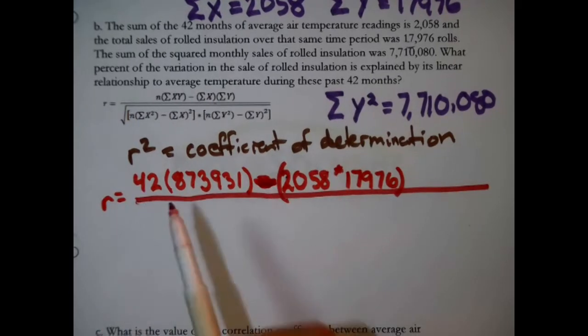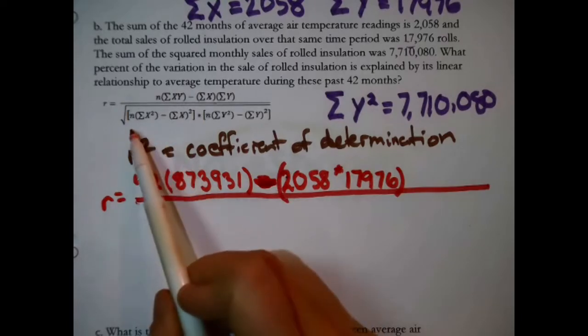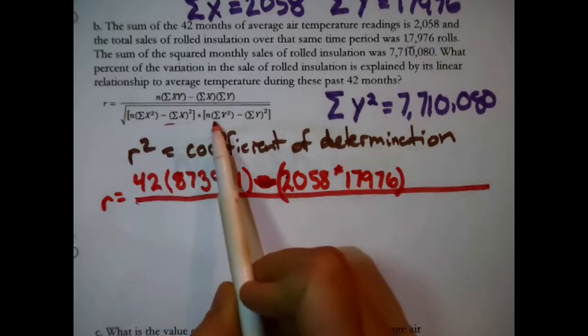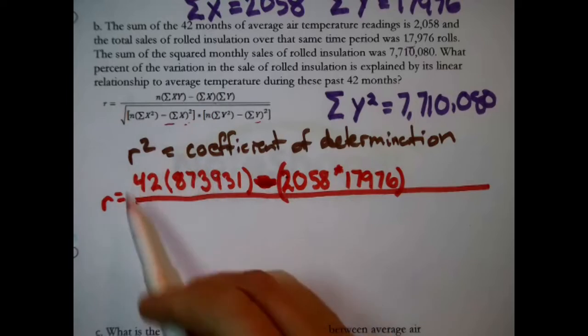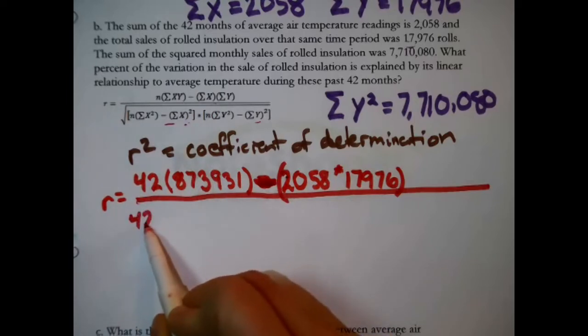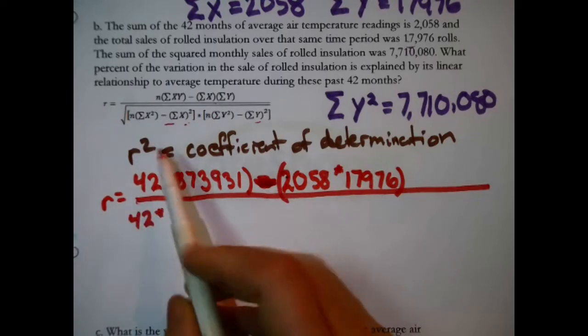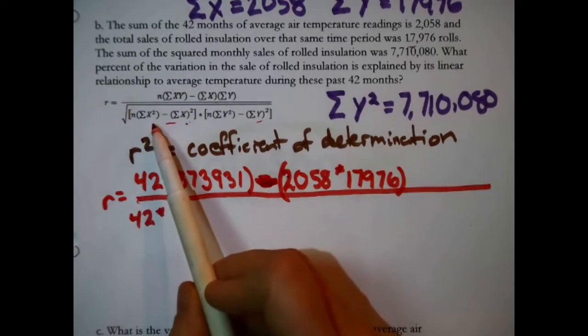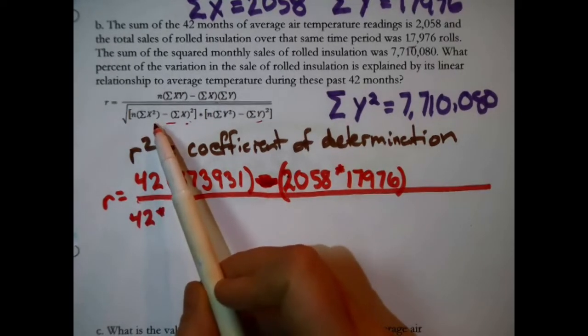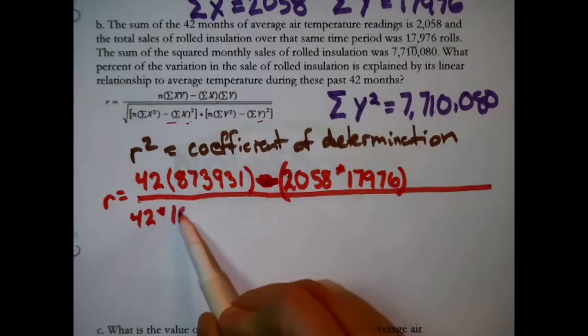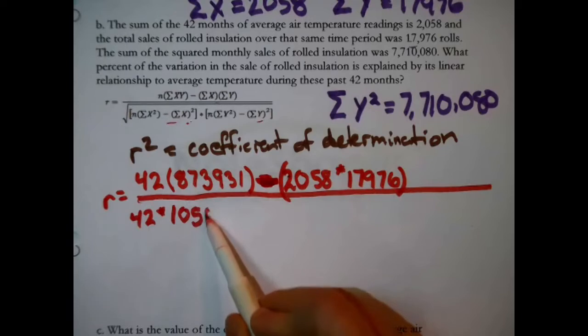It is a big square root, but I'm not going to draw that yet, because first I want to fill in, see how there's like two halves here? This half, n, 42 times the sum of the squared x's. We were supplied that, it is 105,080.